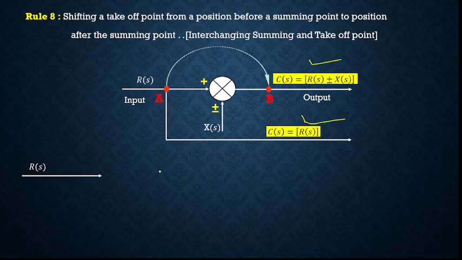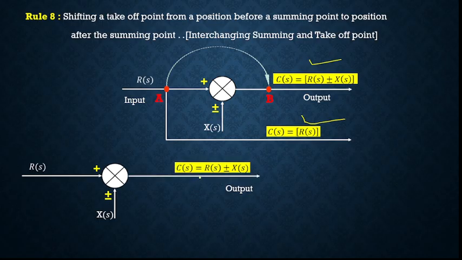Now, as we want to shift the takeoff point after the summing point, we'll draw the summing point first. This is R(s) and X(s). The summing symbols are going to remain the same, plus, plus minus. Then, what is the output here? C(s) is equal to R(s) plus minus X(s). It is as it is. Now, the takeoff point is shifted to point B, so from point A to point B. Let us draw the takeoff point.